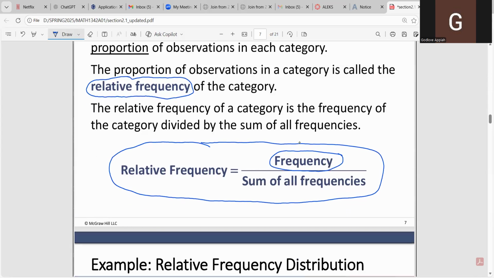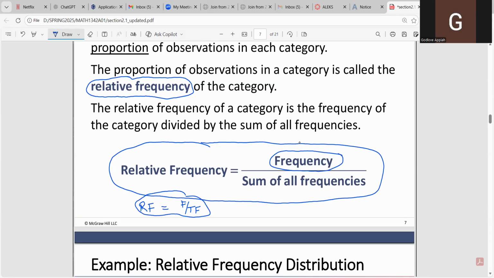For short, I usually write it as RF for relative frequency. This is equal to F, which is the frequency, divided by TF, where TF stands for the total frequency. That is how I write the formula in short.